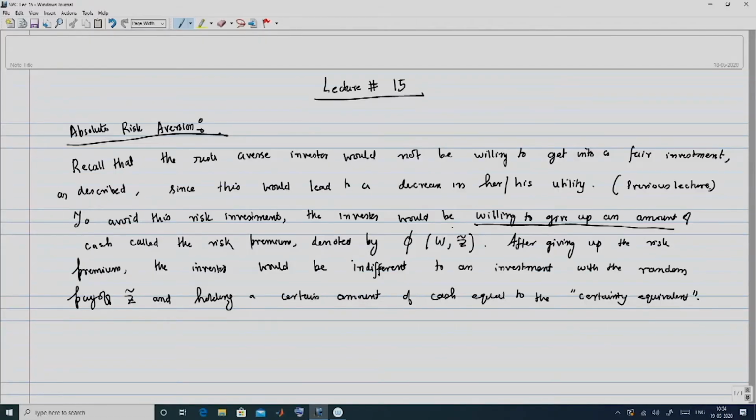So, the reason for avoiding this investment is that this would lead to a decrease in the utility of the investor.